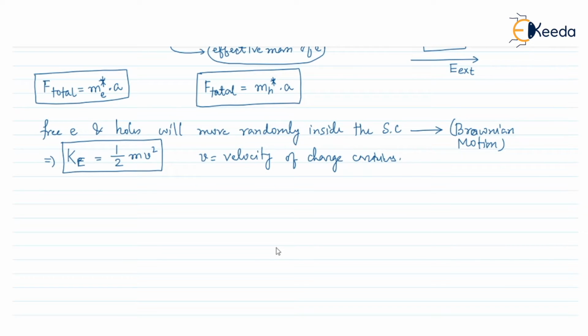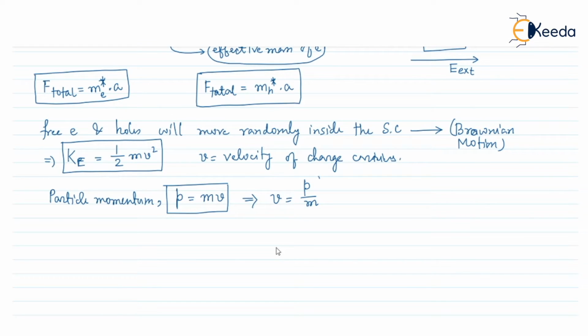Since they are moving, they must have some momentum also. Let us denote the momentum of the charge particle as p. We can write p equals m v, where v is the velocity of the charge particle and p is the momentum. From this equation, we can find v equals p by m.